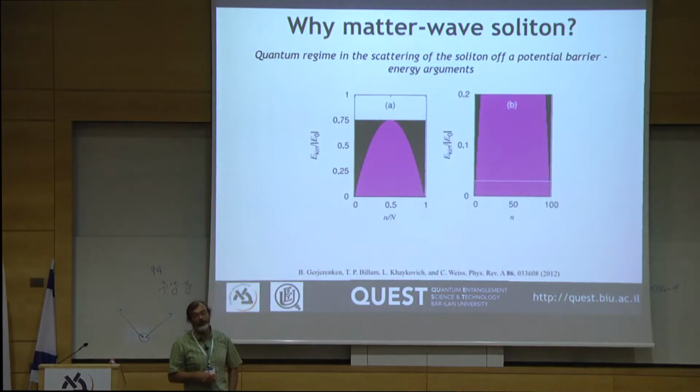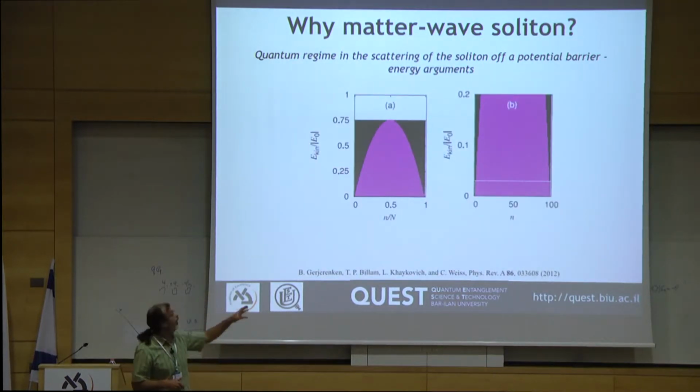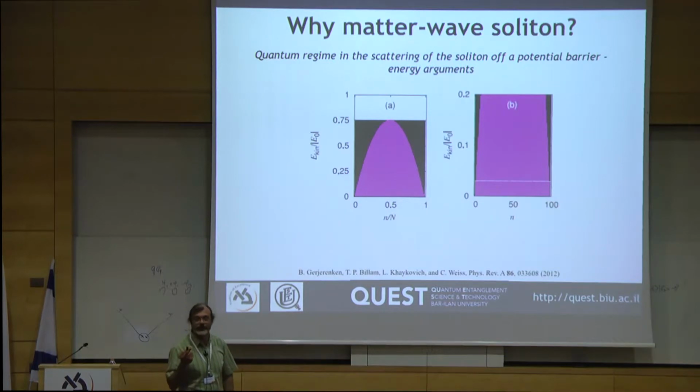So let's see how good we need to be to reach this goal. This is a simple energy diagram, or energy considerations, to understand what we need to do in order to reach those elements, as compared to the number of atoms in each part of the split wave function, and as compared to the kinetic energy divided by the binding energy.